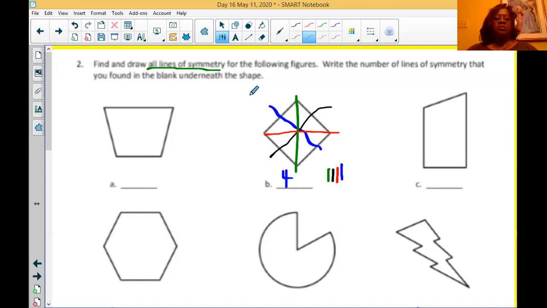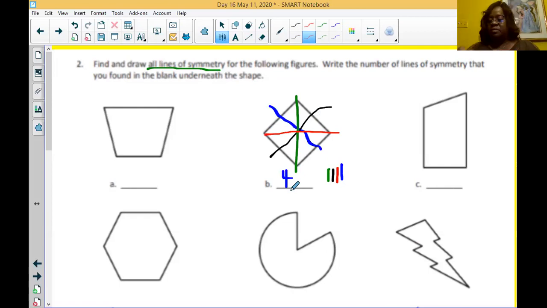Okay. So just remember, lines of symmetry are lines that, when drawn down the middle, make both sides identical. And remember, always refer back to the day that we took a piece of paper and we folded the paper in half. And when we folded the paper, it created a line of symmetry because it made both sides identical.